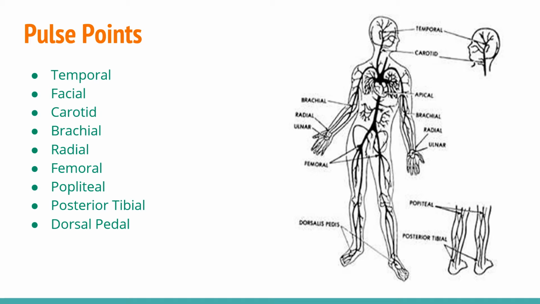And then your carotid, that's one of your more common ones that you check during a code situation. That's the one along your neck. You should be able to feel that one, so see if you can take a second and feel it. Your brachial is on the inside part of your elbow, the bend of your elbow.